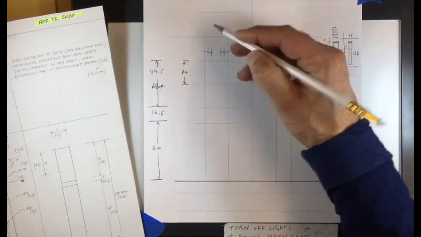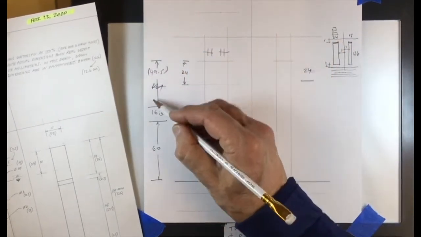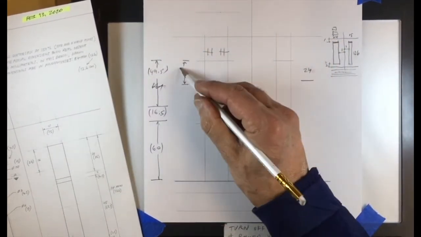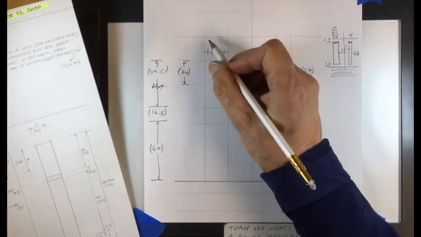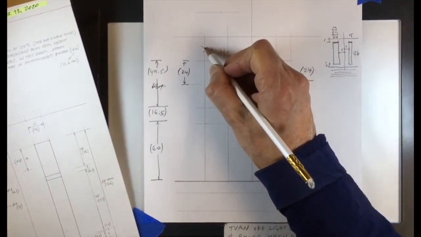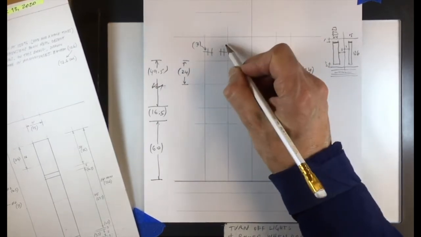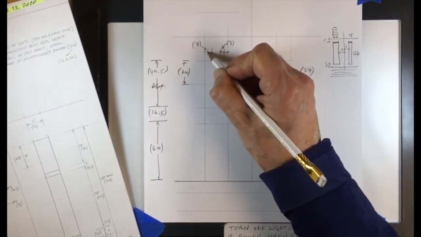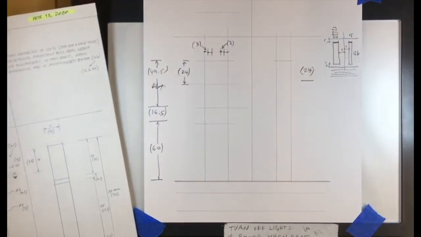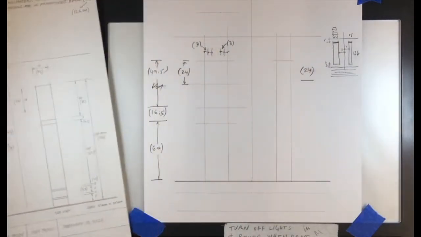And I should really, so you don't get confused, keep these in parentheses. And then these are all 3. And these are 3, okay? Yep. So that will give us the basic shape.